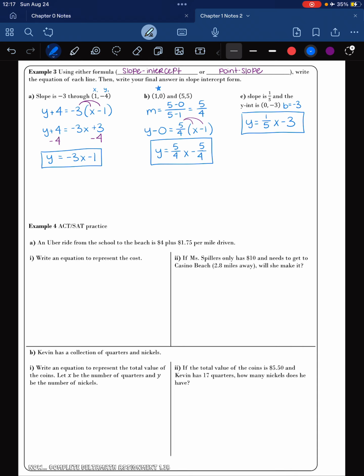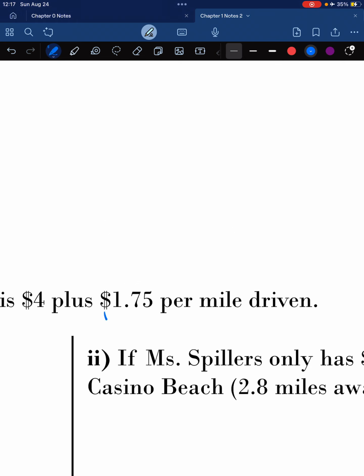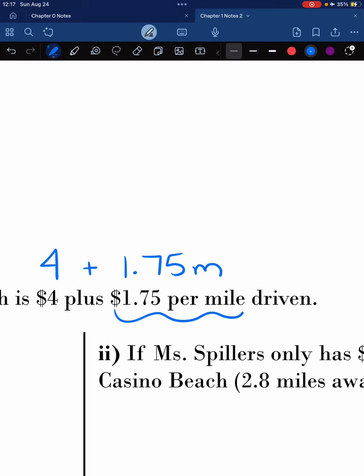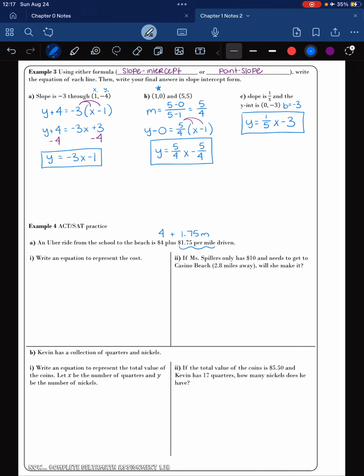All right, so 2 SAT, ACT practices. An Uber ride from the school to the beach is $4 plus $1.75 per mile. Okay, so per mile is my clue that we're going to do $4 plus $1.75 times m, where m is going to be the number of miles that I drive.